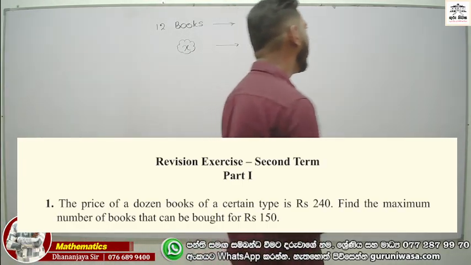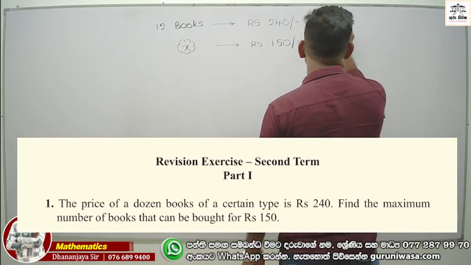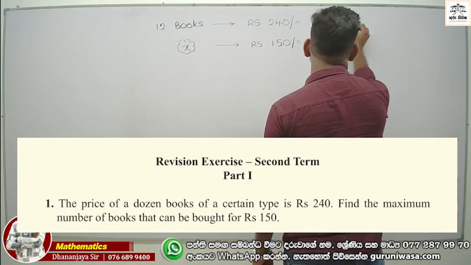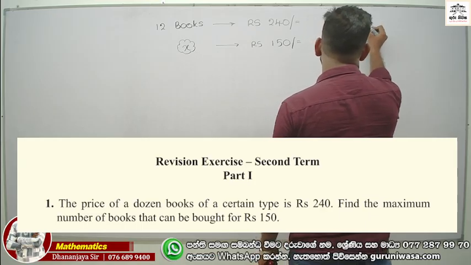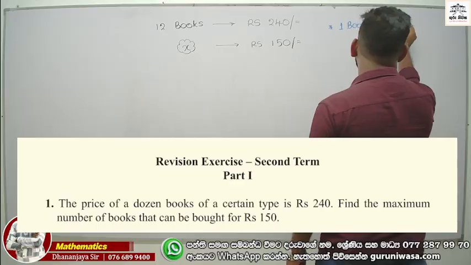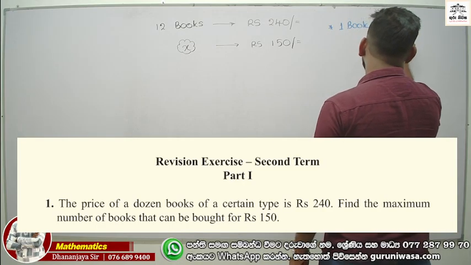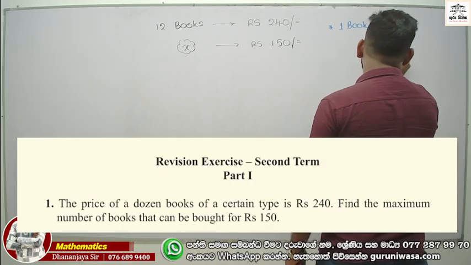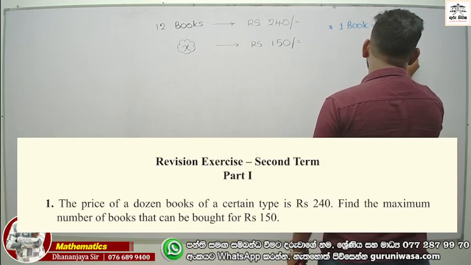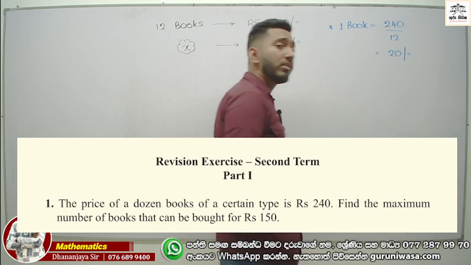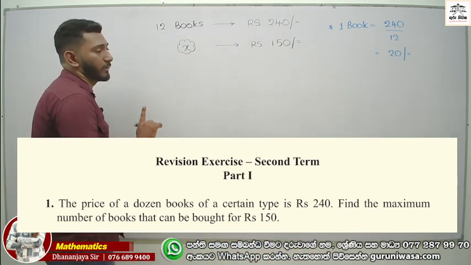Now I'm going to use the unitary method. Therefore, the cost for one book should be equal to 240 rupees divided by 12. Therefore, each book is equal to 20 rupees. That's the cost for a book.